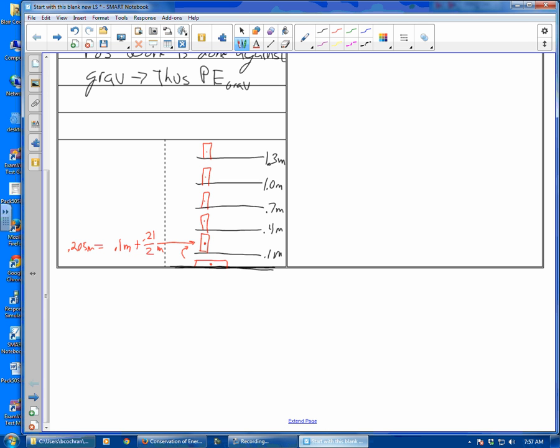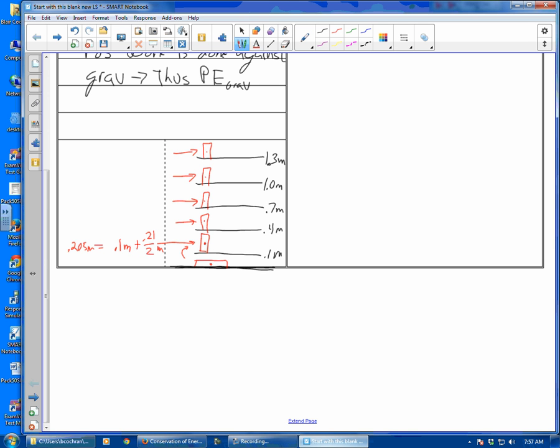That's where we can estimate, or we can average out, because it's going to take one bit of work to get the bottoms to the shelf. It's going to take a different amount of work to get the tops to the shelf. If we say all of it is at the center because the tops and the bottoms average out to the center, then we only have to worry about the centers.